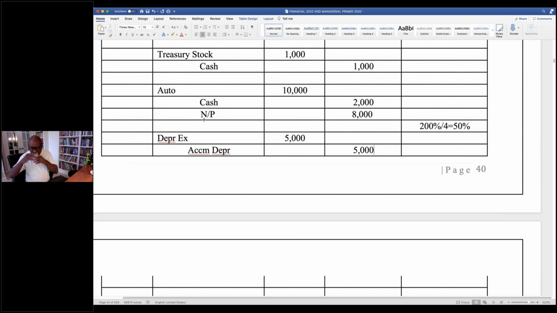Dr. Boyd, could you please go back over the reason why it says 200%? Okay. When we calculate depreciation with straight line, it will be 100% divided by the life of 4 years, and you would come up with a rate of 25%.